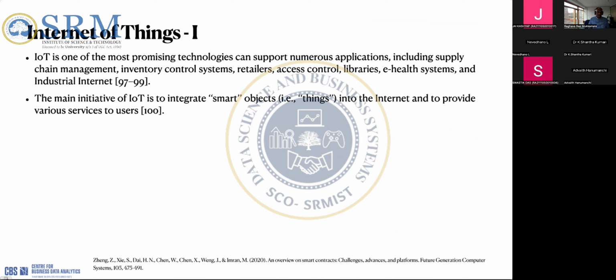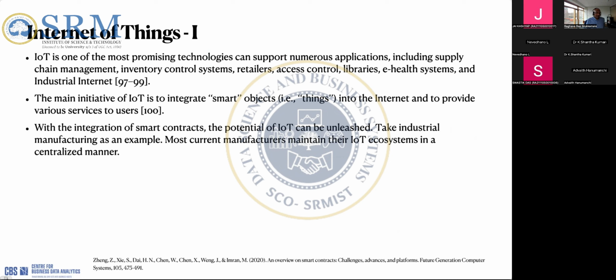Similarly, you have a lot of smart objects, or IoT devices, reading information from the environment. Since the data is readily available, you can write several smart contracts to automate these processes.